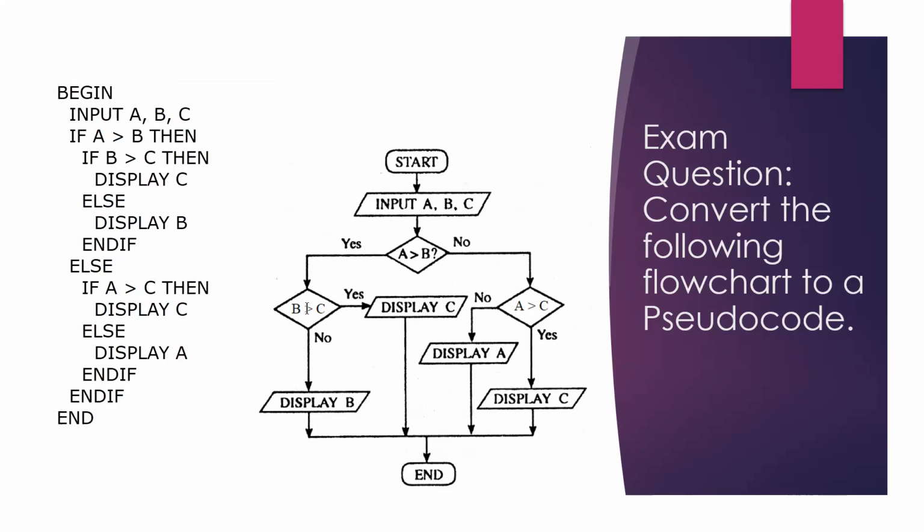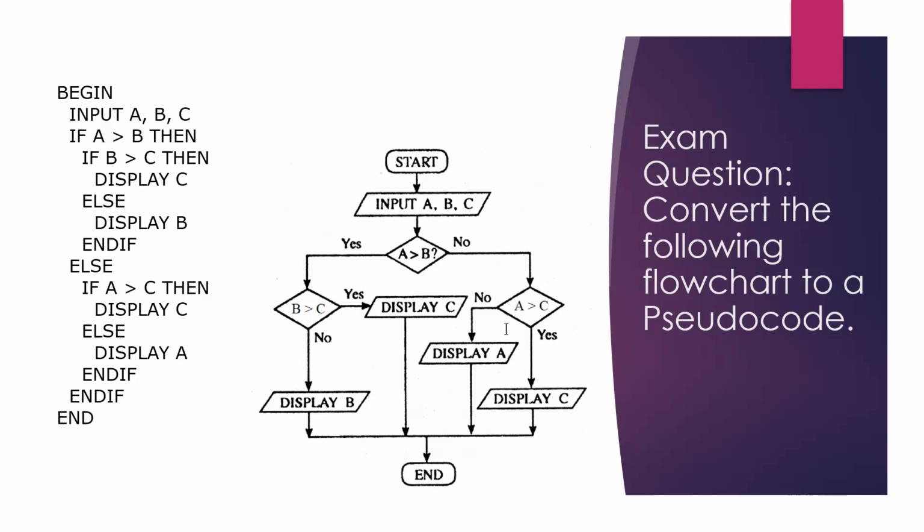That's also selection. So we have if B greater than C. If it is yes, you display C, and that's the end of this. Else display B, and here it joins the two, which means end if. Now we have finished the yes path, then we have to go to the no path. That means we have to put else here, right?